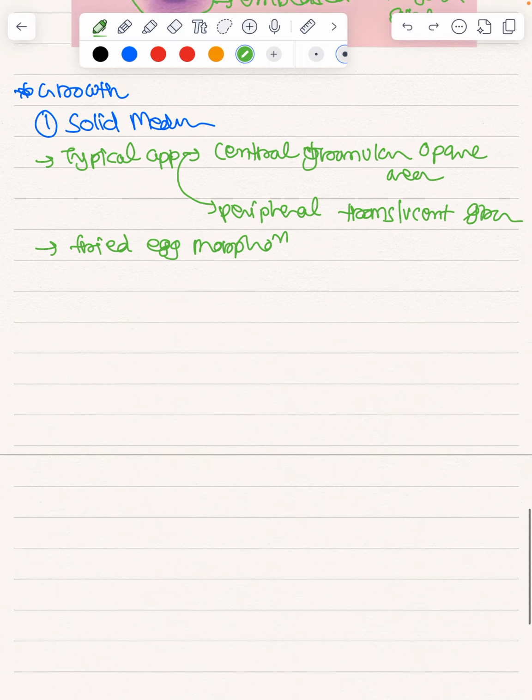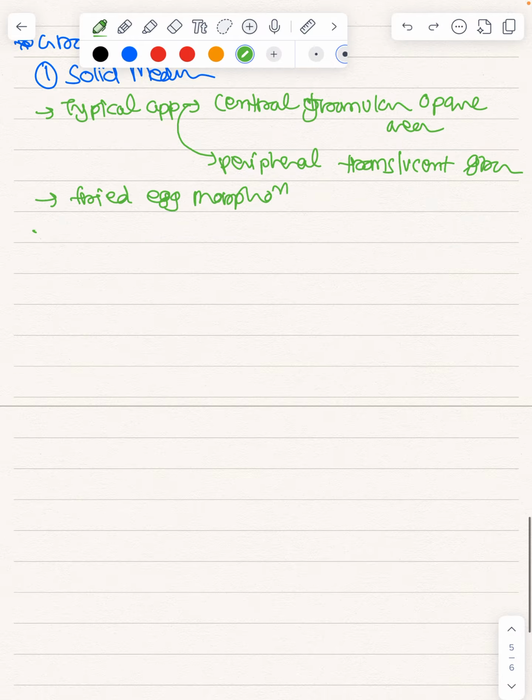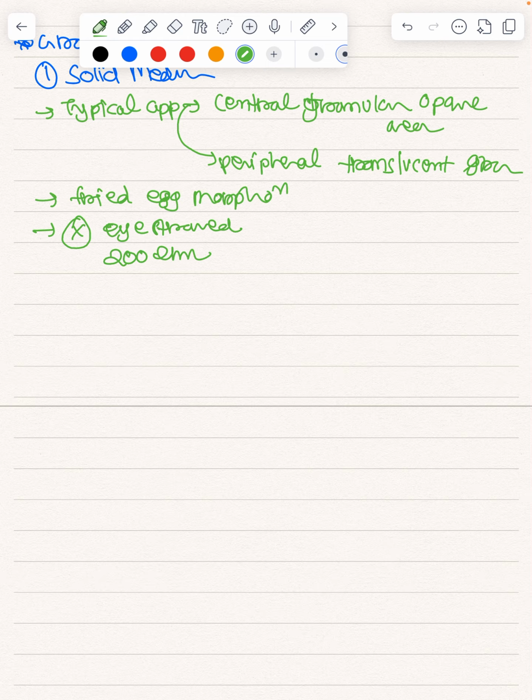Now, the colonies are so small that you cannot see them with the naked eye. Your eye will be strained to identify them because of the smaller size: roughly 200 micrometer for Mycoplasma, and around 40 to 80 micrometer for Ureaplasma.